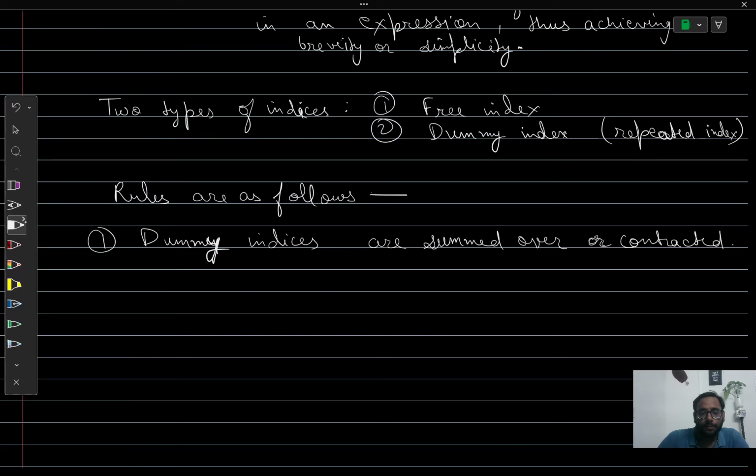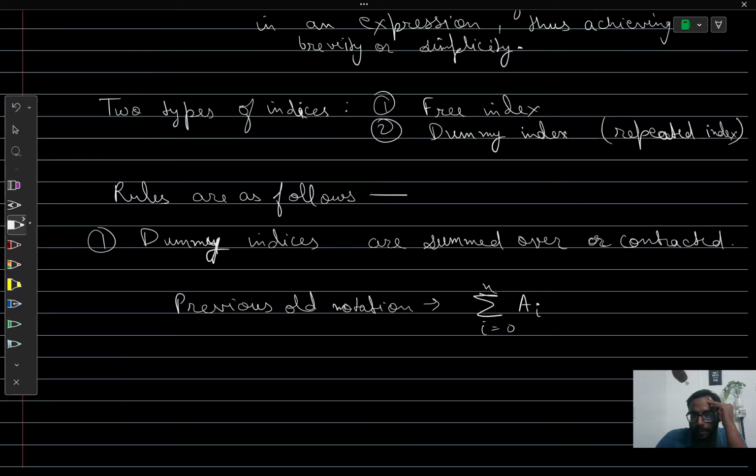So our previous notation, the old notation, used a sigma for summing things, from i equals 1 to n of a_i b_i.